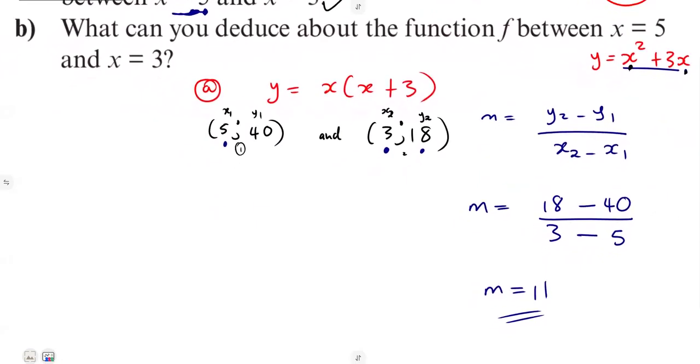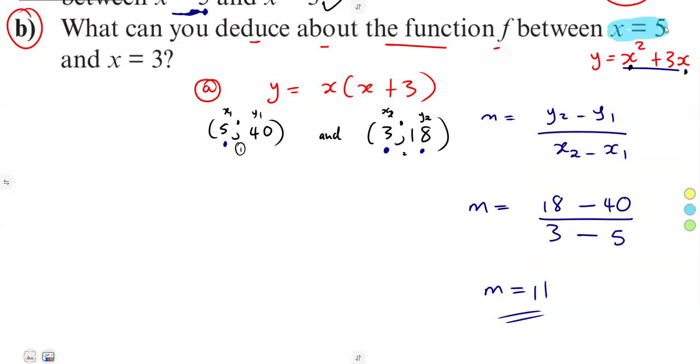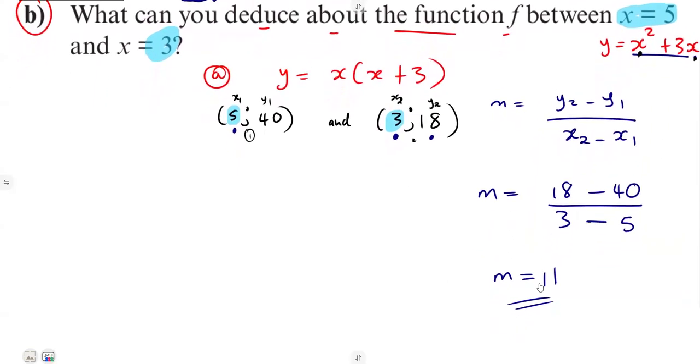Then on part B, the question is now, what can you deduce about the function f between x is equal to 5, the same x that we had before, and x is equal to 3, the same condition that we had before, the same values of x that we used to calculate the gradient?